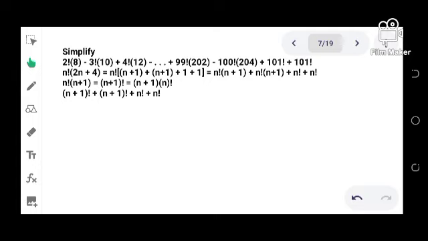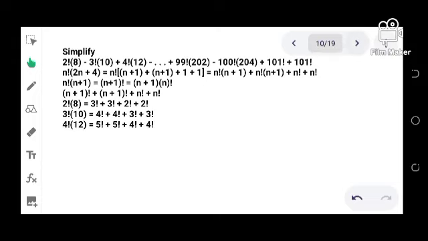Now, using this, we can substitute. 2 factorial times 8 is just 3 factorial plus 3 factorial plus 2 factorial plus 2 factorial. The 3 factorial times 10 is 4 factorial plus 4 factorial plus 3 factorial plus 3 factorial.